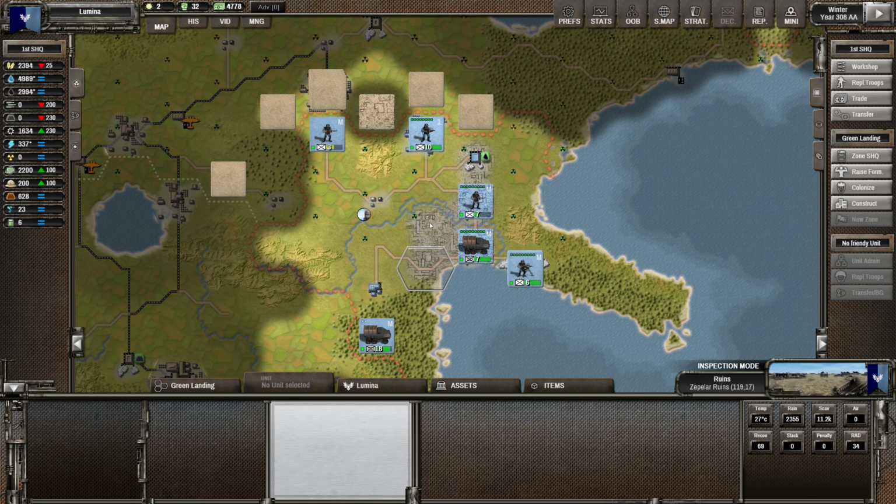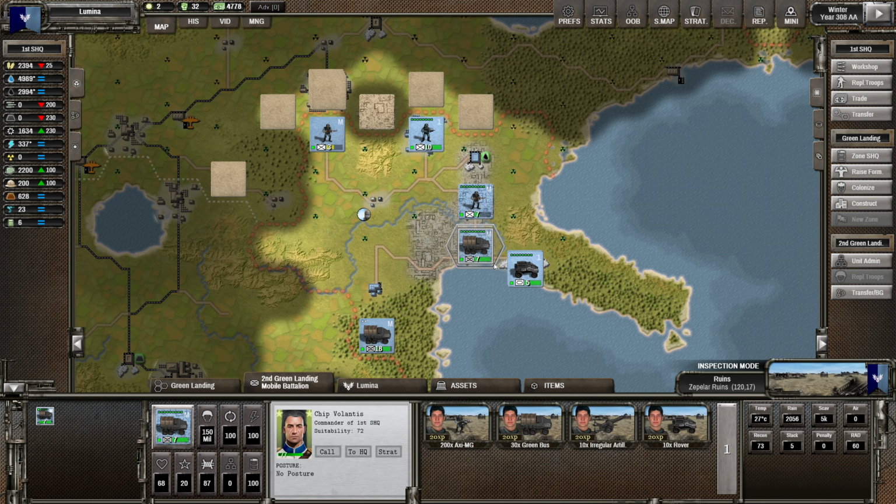This is how much metal and oil you can recycle out of these old cities. Air is, I think, the amount of movement points you've got for your air bases. I forget now, but larger air bases will have a higher number, which means you can field more aircraft successfully from that place.